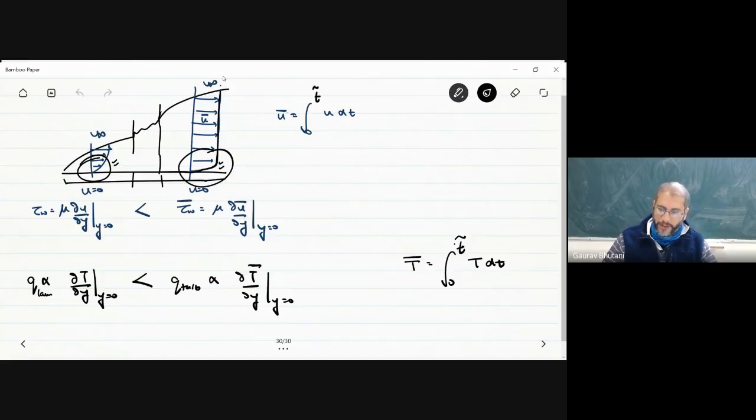So what that means is that since you have a very strong gradient of temperature, the rate of heat transfer is much more. Or as we say, the coefficient of convection, the heat transfer coefficient h, is much higher in the turbulent region as compared to the laminar region.